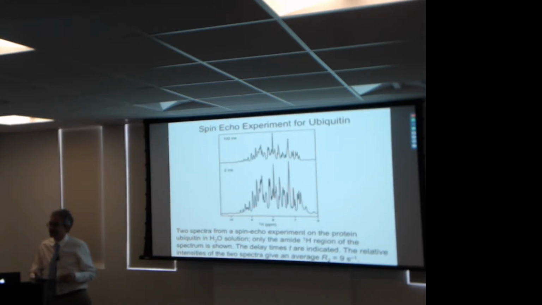So if that magnetization decays too quickly, the experiments will be very low sensitivity. So pretty early on, one wants to have some idea of what that relaxation rate is, even if it's just in kind of an average sense.